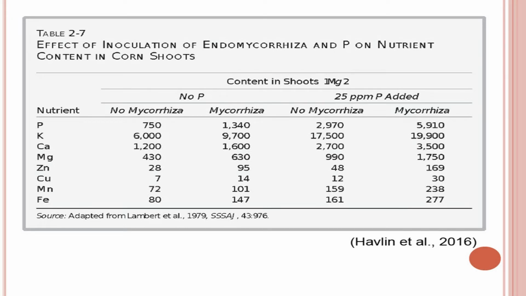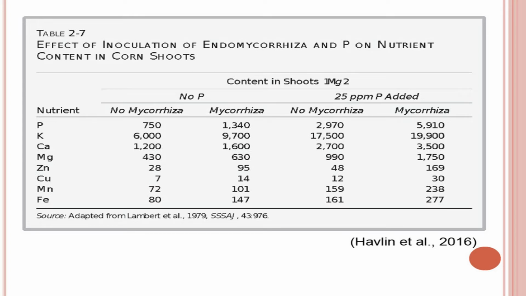In another case 25 ppm phosphorus was added to the soil. So you can see the differences in the uptake of the phosphorus. In case of phosphorus, in the first column under nutrient, if there is no mycorrhiza the value is 750, but if you use mycorrhiza the value is 1340, almost double.